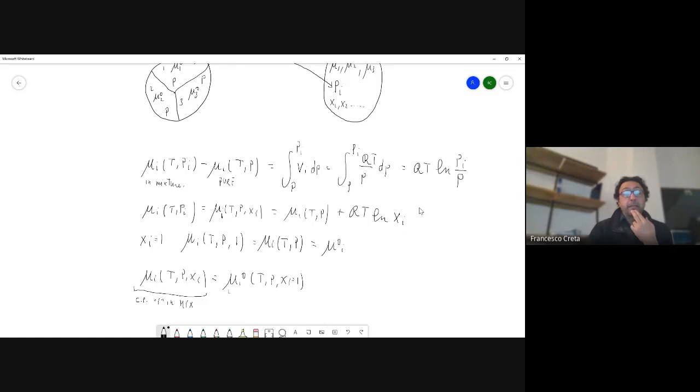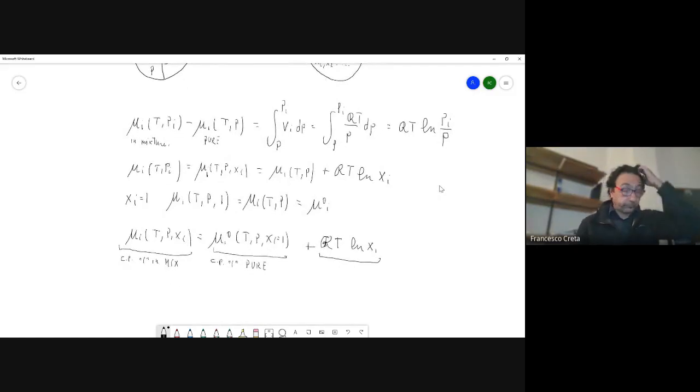And this is the chemical potential of I in its pure form, unmixed. Now, obviously, what this term is, well, it will be the variation of chemical potential due to mixing. Okay, I'll write it here.